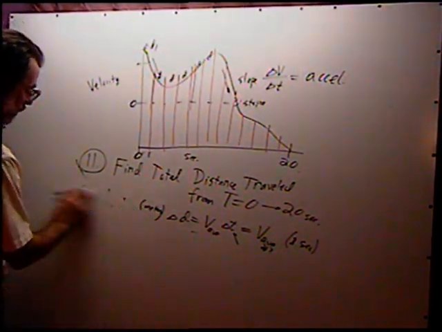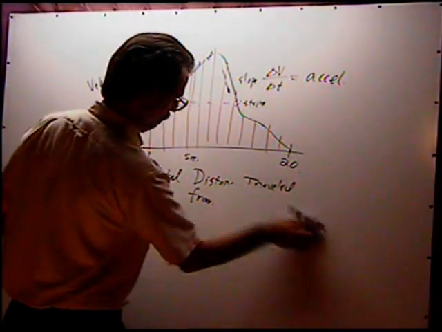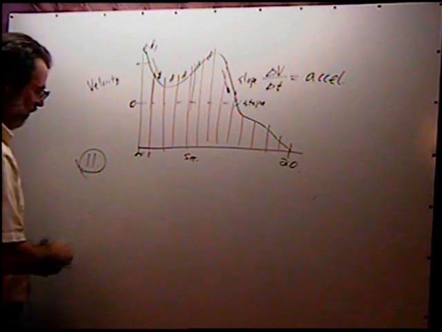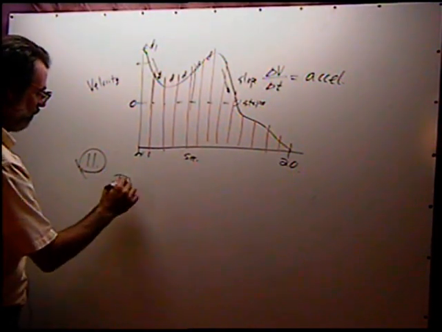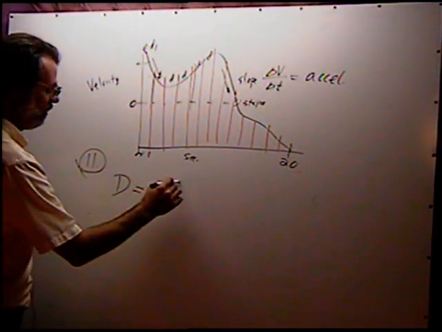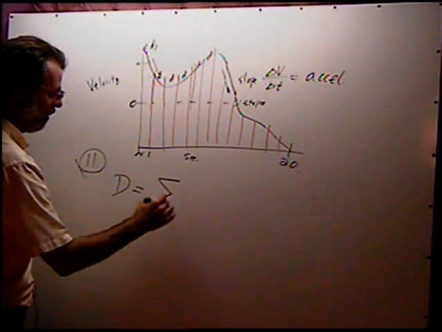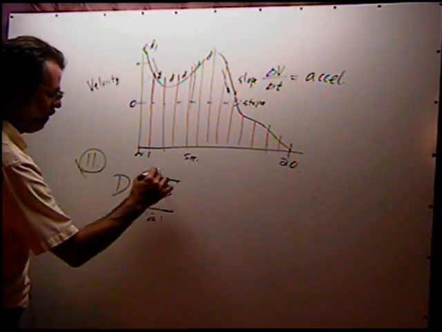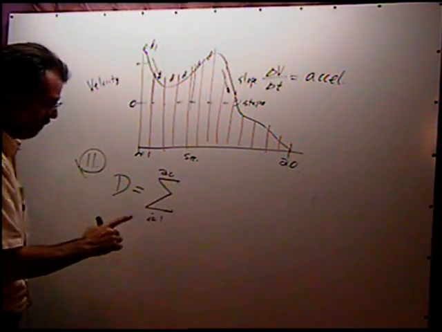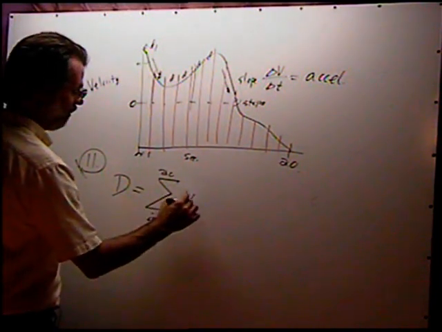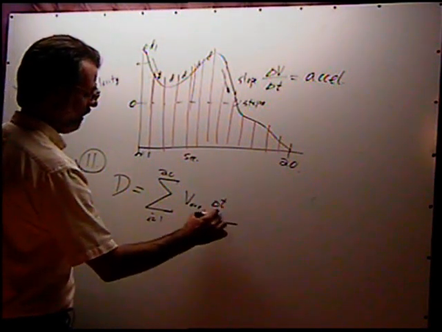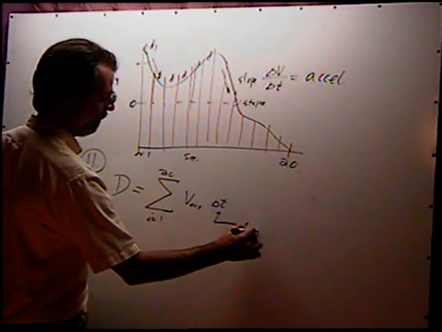So basically what we can say is that the total distance traveled, I'll call big D, is the summation of i equals 1 to 20 second intervals of the average velocity times delta t, where delta t is actually 1 second.